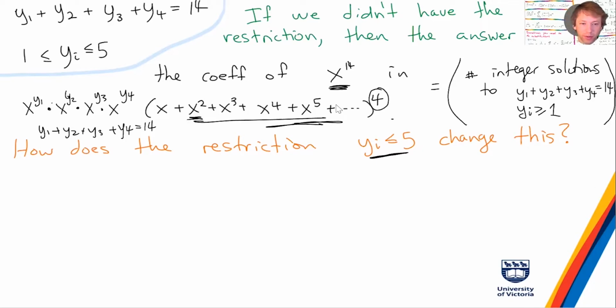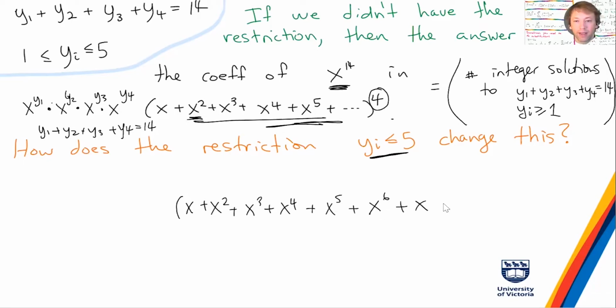Instead of having x plus x squared, x cubed, x to the 4, x to the 5, x to the 6, x to the 7, off to infinity, to the 4th power, I want to change this to something else, which will take into account this restriction that yi is at most 5.